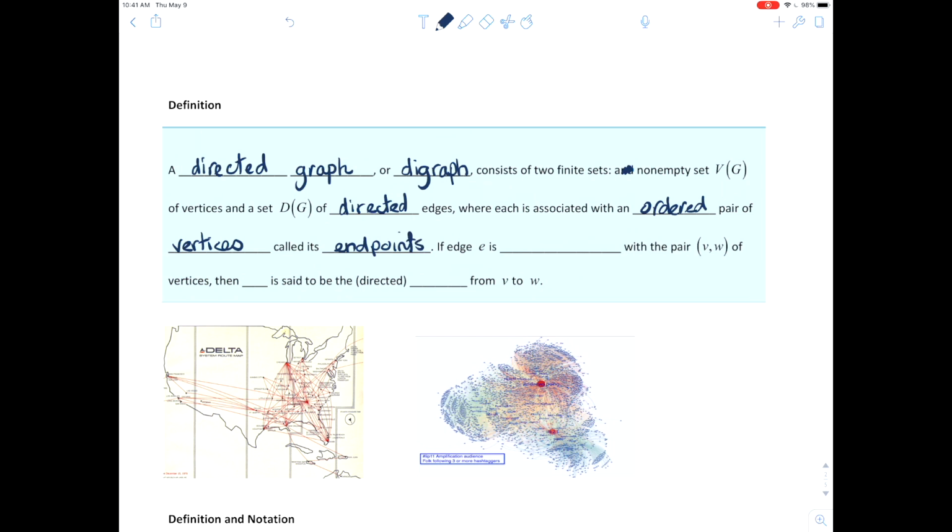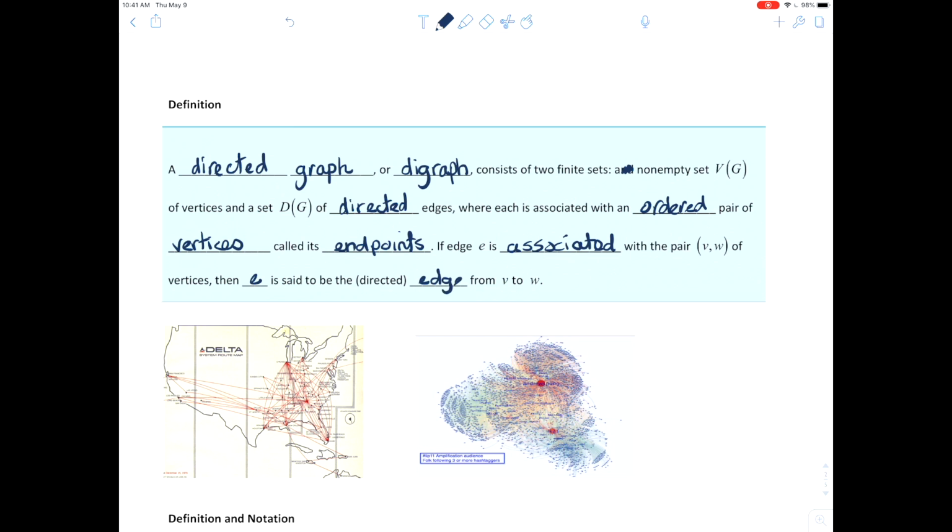If edge E is associated with the pair VW of vertices, then E is said to be the directed edge from V to W.